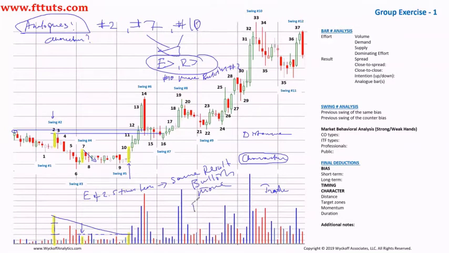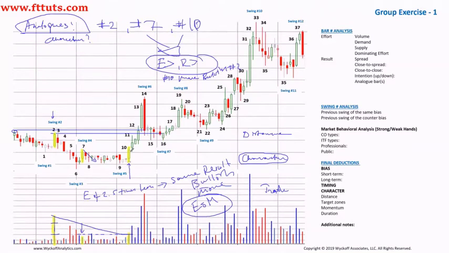So there is some kind of ease of movement that suggests that supply has been exhausted, and at number 2 it was not exhausted completely. At 7, supply is exhausted, but demand is still not there, like a good emergent demand. So bar number 10 for the first time shows us that demand is good, and supply is exhausted, and it produces a good movement to the upside.